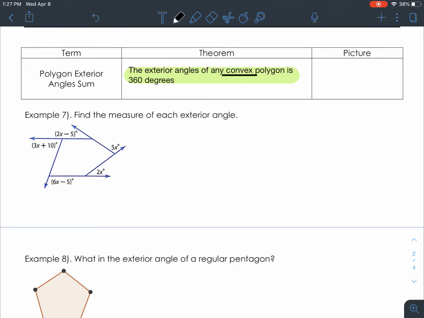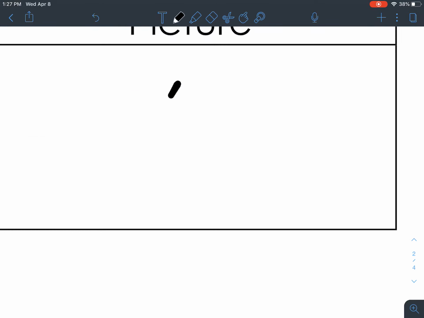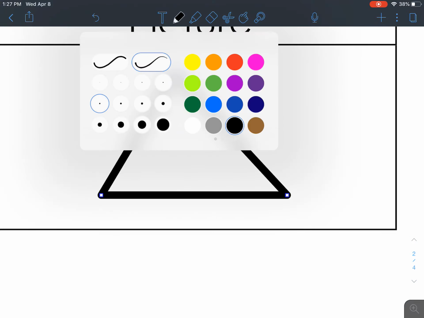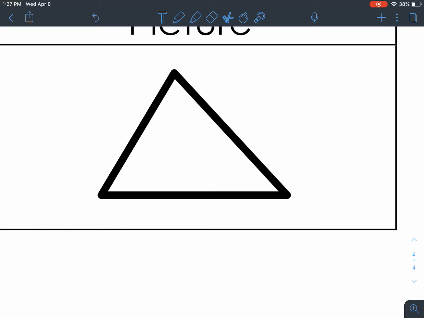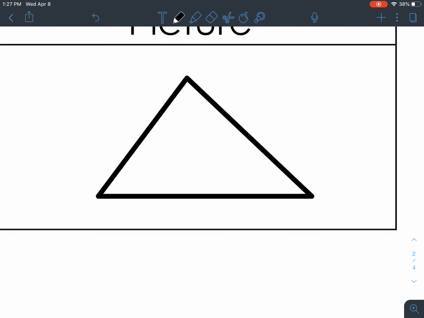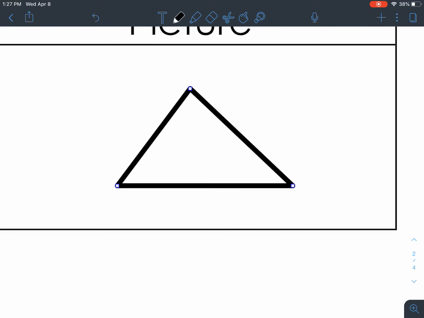What that means is, let's just start by drawing a triangle. We've talked about convex polygons before, and I'm sorry, we've talked about exterior angles before. What I want us to do real quick is draw them out. When you're drawing these exterior angles, we're just extending out the sides so that they extend out past the polygon.